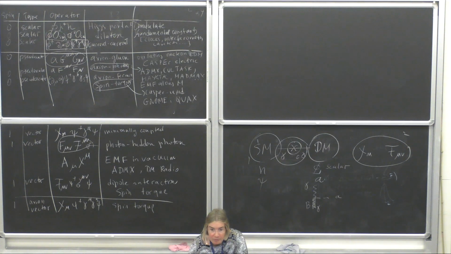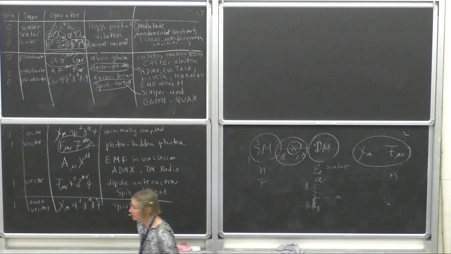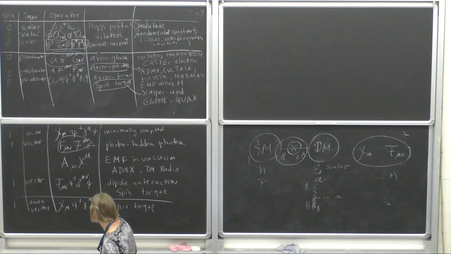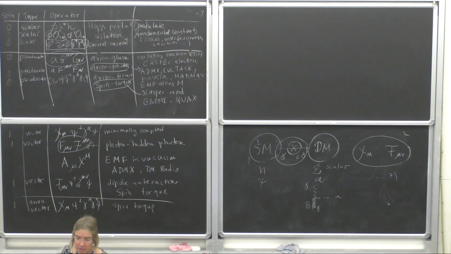How would you differentiate a dark photon and an axion signal in something like this? What people do right now is that you do not see anything, and then you interpret it in terms of different parameter spaces.